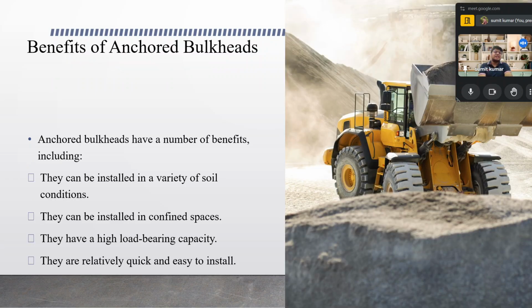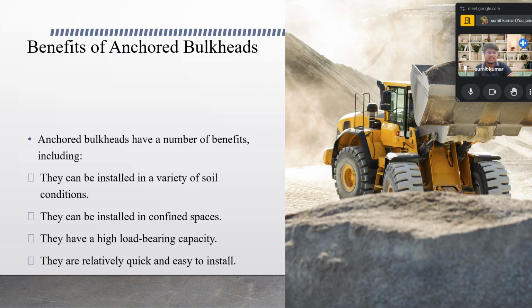Now, the benefits. As we have seen the advantages, we see the benefits. The benefit of using the anchor bulkhead is that they can be installed in different types of soil and in confined spaces. The advantages are also the benefits; this is just for revision purposes. They have a high load bearing capacity, which we had not mentioned before. They can withstand a very large amount of load and they are relatively quick and easy to install.